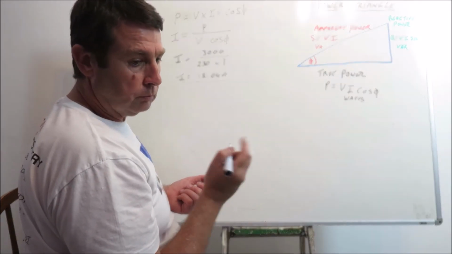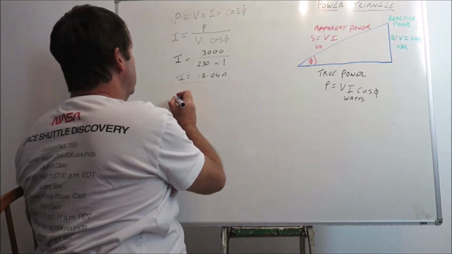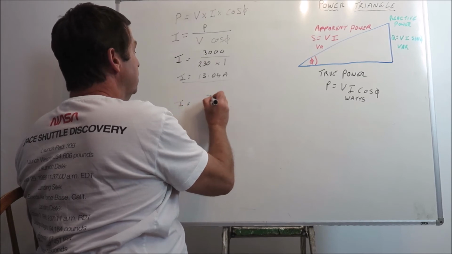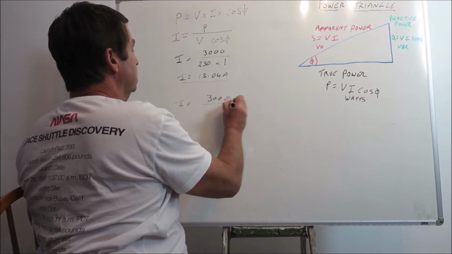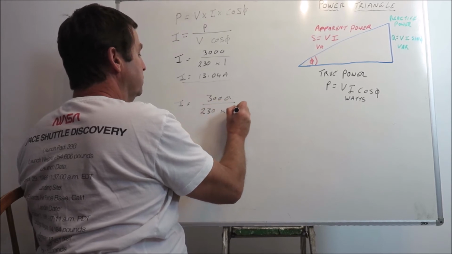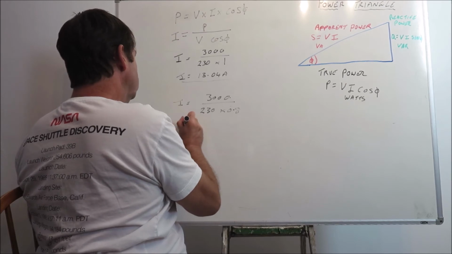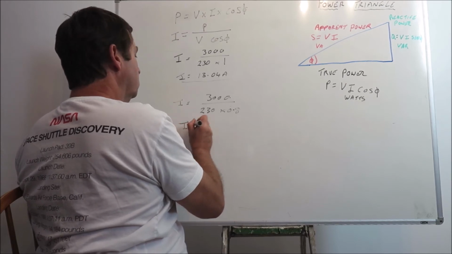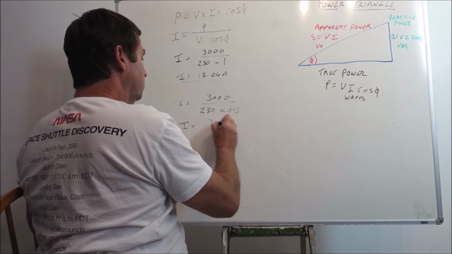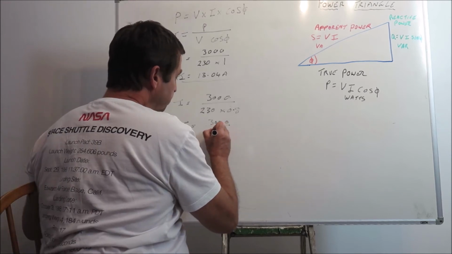So for our second one, it's at 0.8. So if we do this again, I is now going to be 3,000 over 230 times 0.8. So we can see our bottom line is changing now. So the current I, if we work that out, 230 times 0.8 is 184.